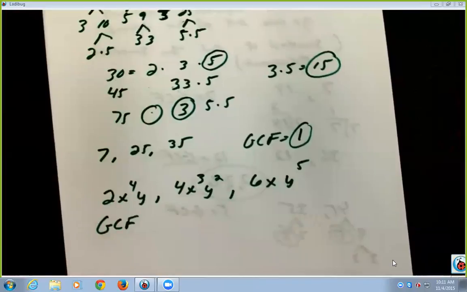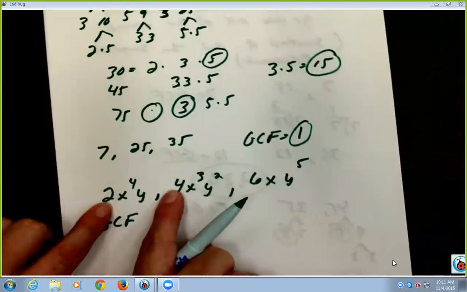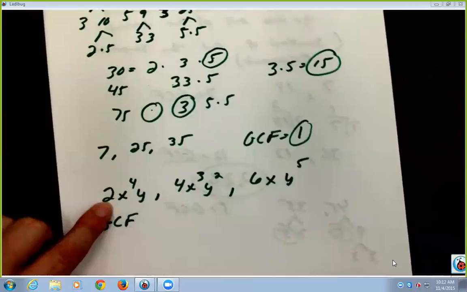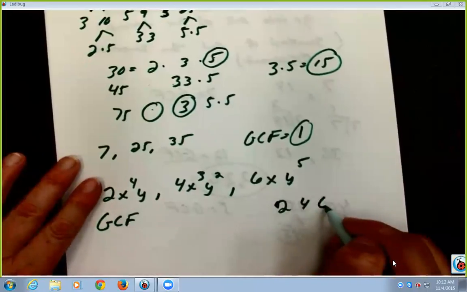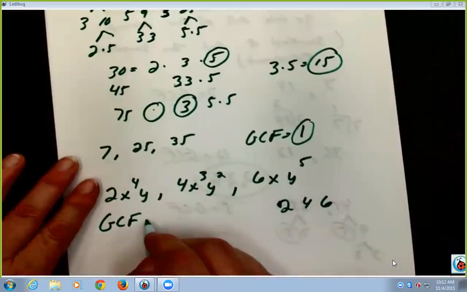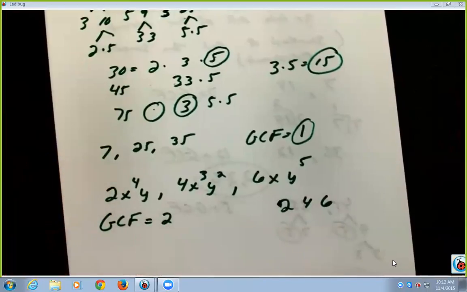What would it be? So I look at just my numbers, 2, 4, and 6. So what number would only go into 2, 4, and 6? So, yep, the numerical part's 2, okay?